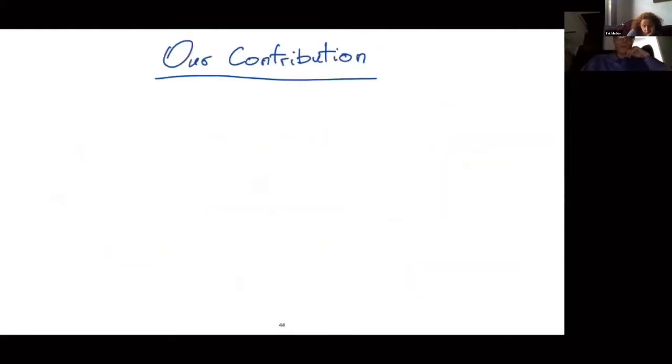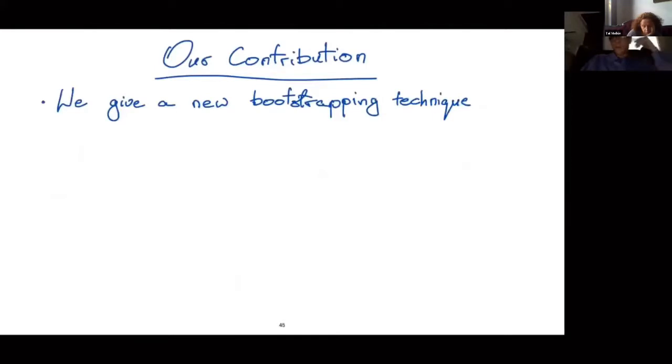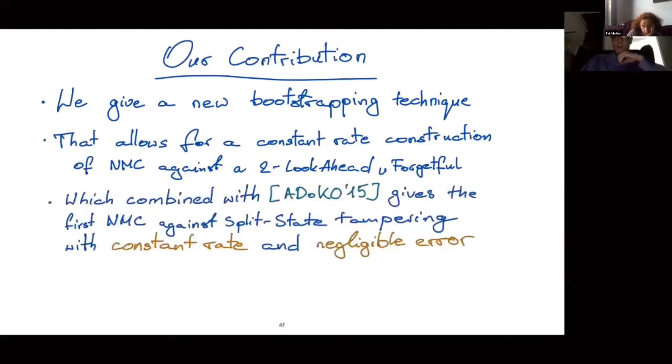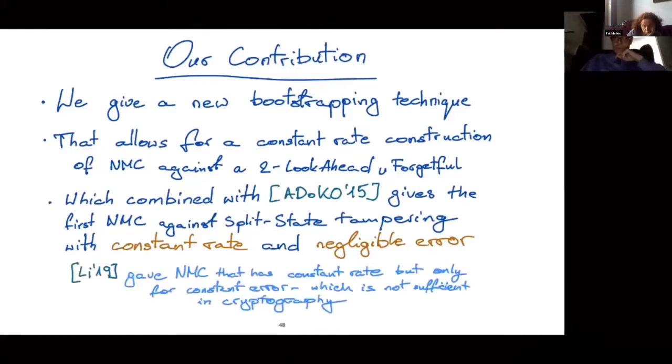So what's our contribution? Well, we fill that gap. We give a new bootstrapping technique that allows us to get a constant rate construction of an NMC against look-ahead and forgetful. That, combined with the first part of the paper, gives us the non-malleable code against split state tampering with constant rate and negligible error.